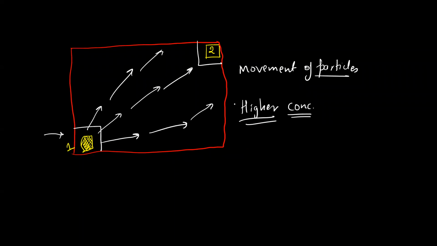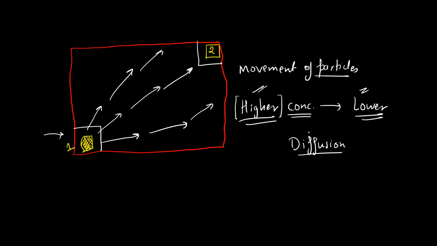So movement of particles from higher concentration towards lower concentration. If the particles are moving from higher to lower, then we call this particular movement diffusion. The movement of the particles from higher concentration to lower concentration is called diffusion.